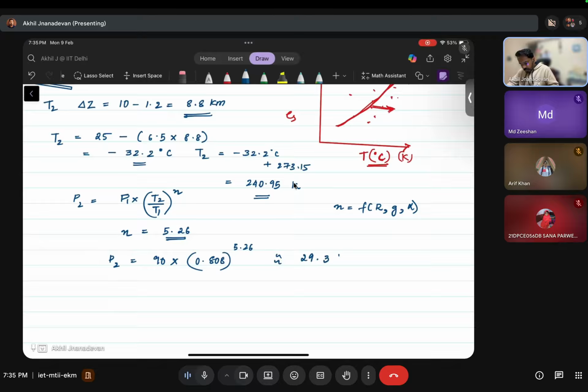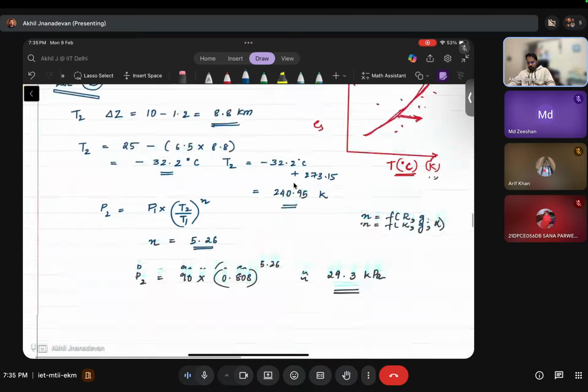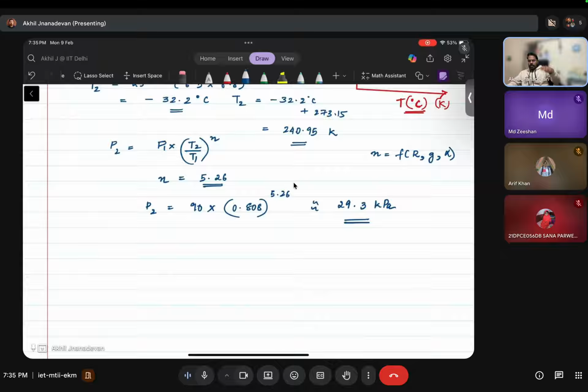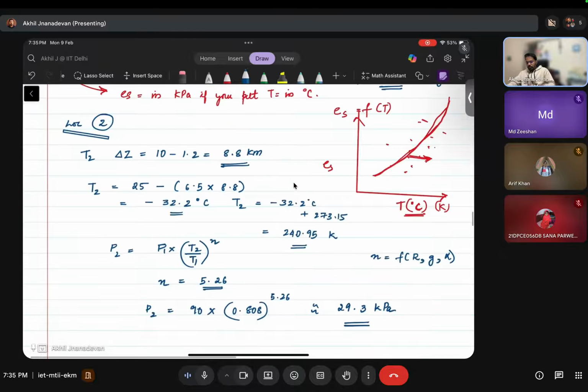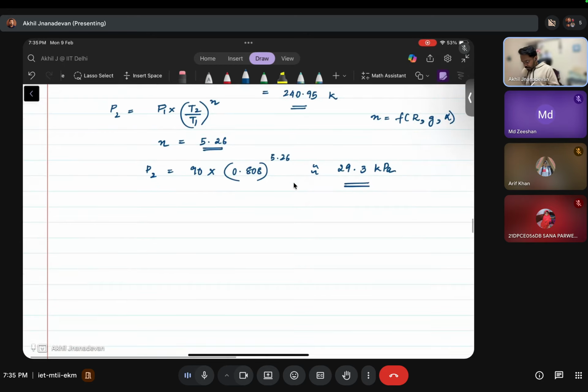So the pressure at 10 kilometer comes to 29.3 kilopascal. The pressure has dropped from 90 kilopascal to 29.3 kilopascal when we traveled a distance of almost 8.8 kilometer. Going quickly, we have to repeat the same thing and find the saturated vapor pressure.